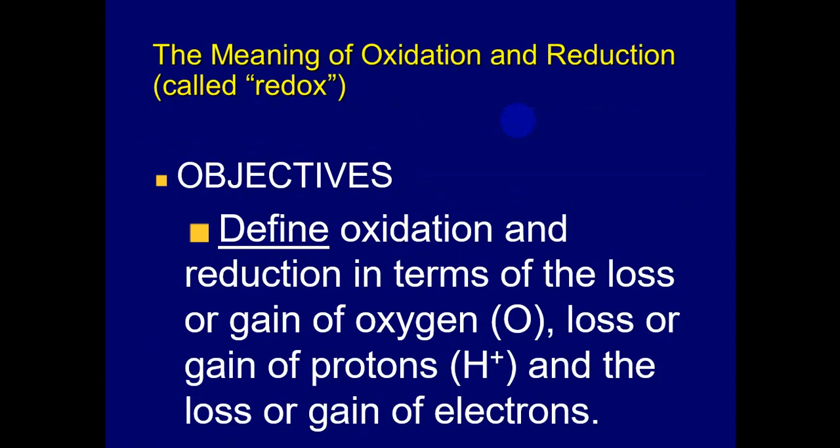As part of the study objectives, we want to define oxidation and reduction in terms of the loss or gain of oxygen, the loss or gain of protons, and the loss or gain of electrons.